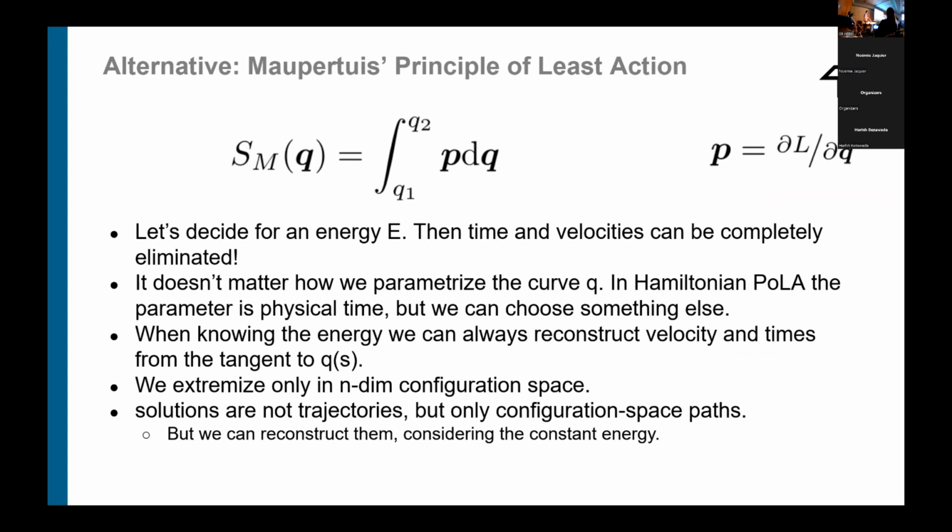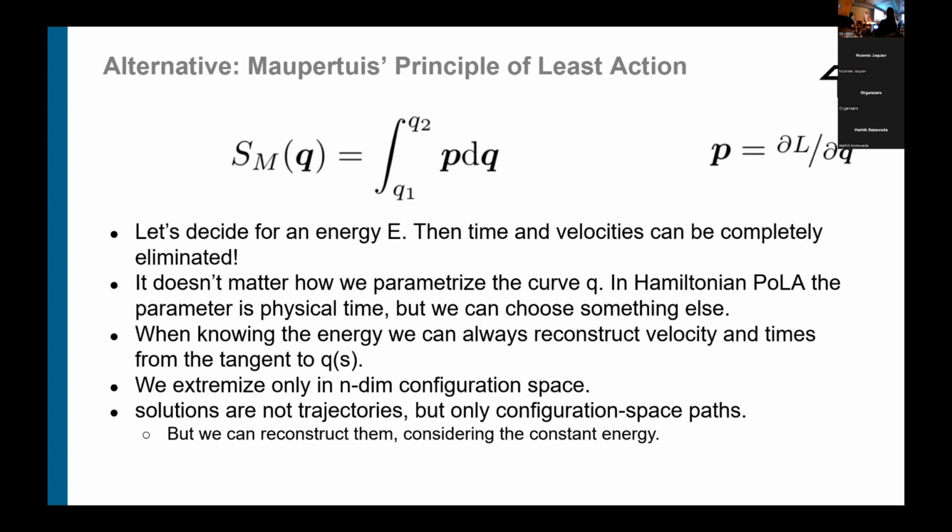Important to note is that this only works if we select an energy on top. If we select an energy beforehand, we can always reconstruct velocity from a configuration path. So if you know some path in configuration space and you know the energy of the system, then you can compute the velocity. It's basically redundant information. In Lagrangian mechanics, we remember for each point the position and the velocity, and in this form, we remember just the total energy and the configuration path.